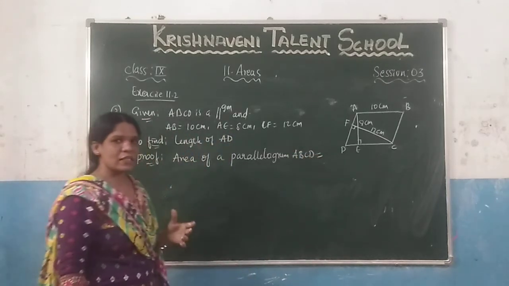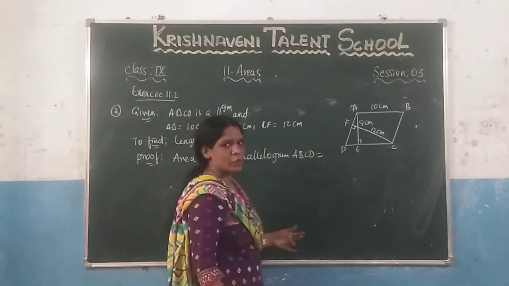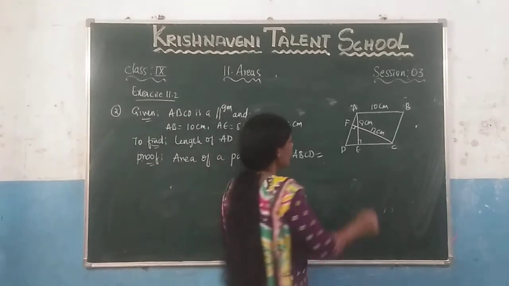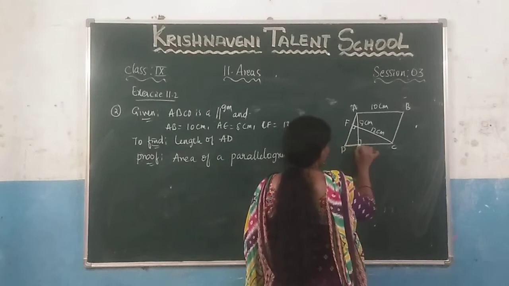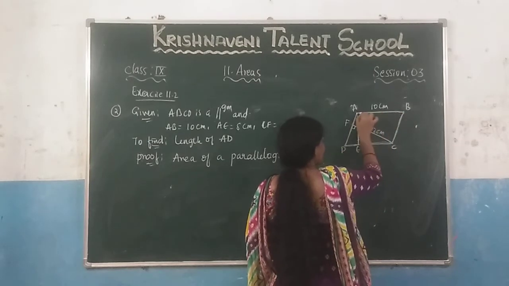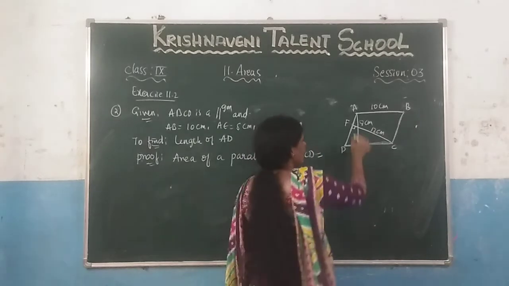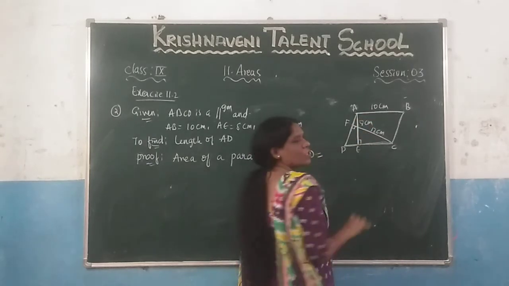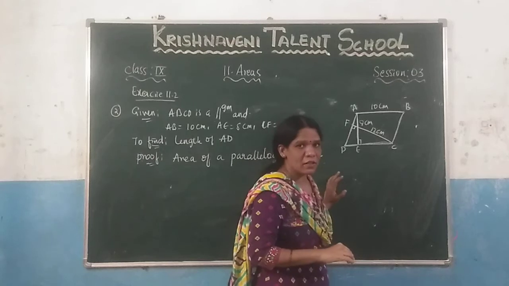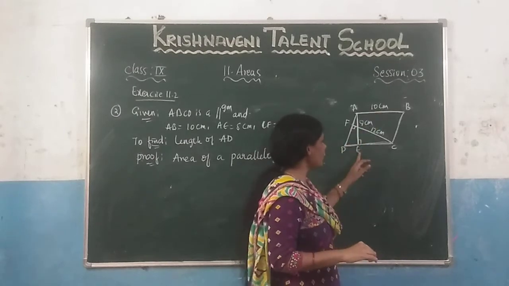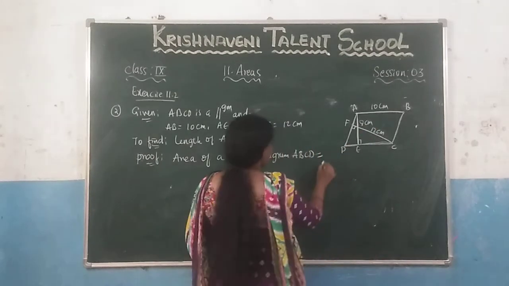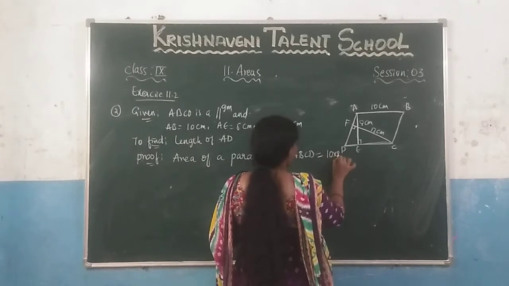If you consider the area of the parallelogram ABCD, it is nothing but base into height. If you are considering AB as the base, what should be the height here? AE should be the height. So the area of the parallelogram ABCD is equal to 10 into 8.